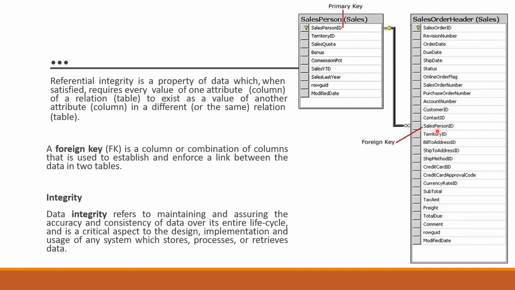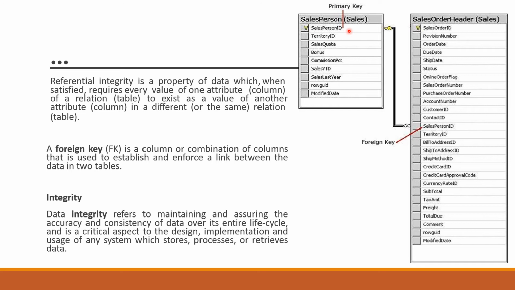So how can we relate that? If we have this value salesperson ID in this table, it should have values of this. Suppose salesperson ID is having some value 10, and for that 10 value in this salesperson ID, the other table doesn't contain any record about the salesperson ID 10, then this is the violation of integrity or referential integrity constraint.